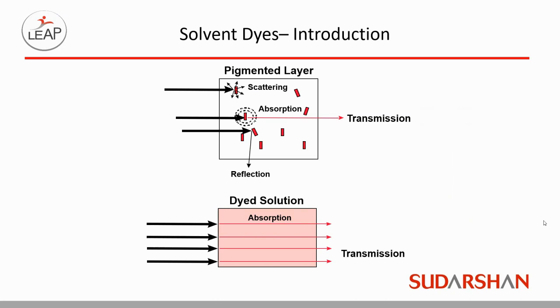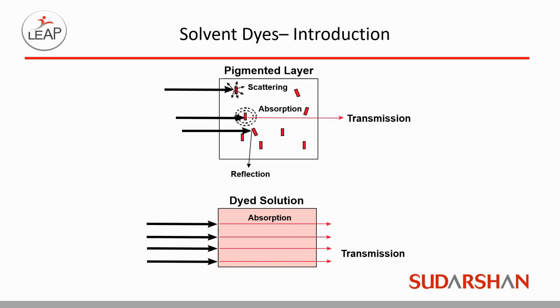With pigments, you're always going to have a particle. No matter how big or small it is, a particle is always going to remain in that final part. And it's going to scatter the light, it's going to absorb and transmit it, and it also will reflect the light.